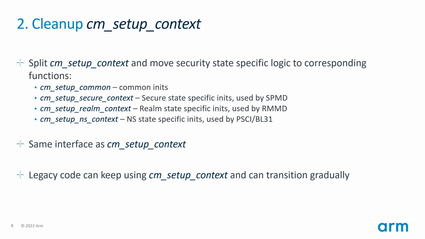And I guess we have legacy code, the AArch32 code, and setup configurations that don't have SPMD or RMMD. So I think those legacy code can keep using the old same setup context. Yeah, so this is one change we are proposing.